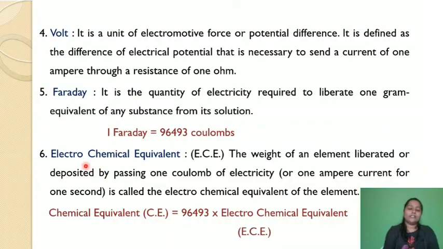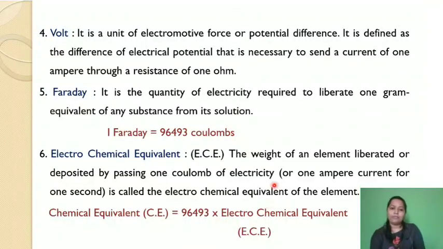The next unit is the electrochemical equivalent. The weight of an element liberated or deposited by passing 1 coulomb of electricity is called the electrochemical equivalent of the element.